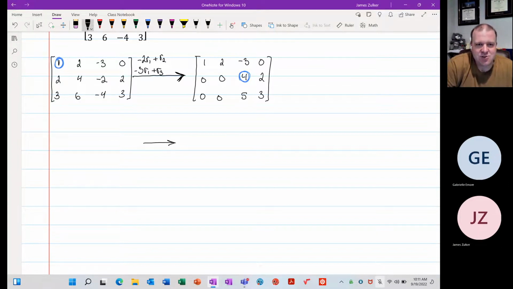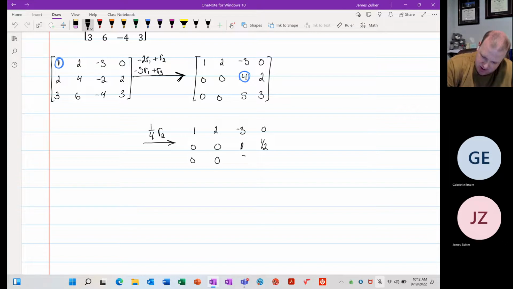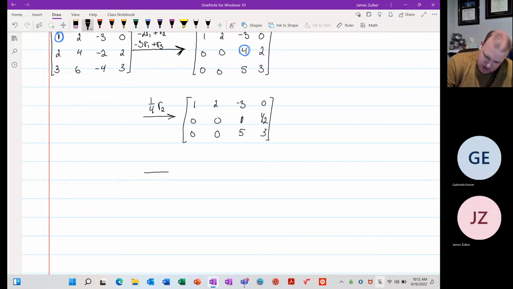The easiest thing to do would be to make it 1, so multiply row 2 by a 4th. Now we can do -5 row 2 plus row 3.